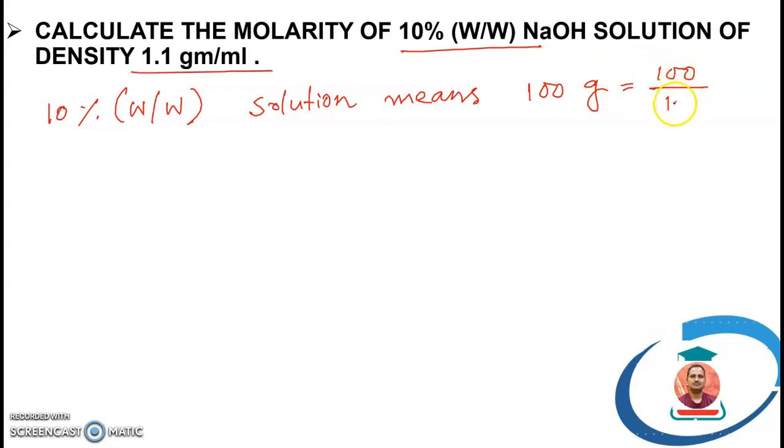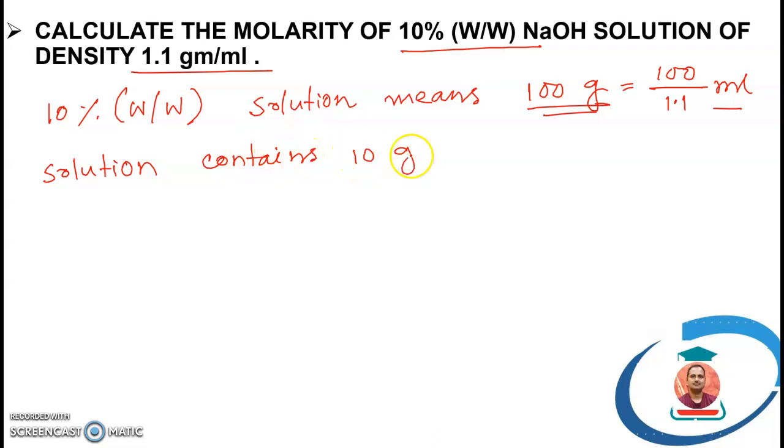The density is 1.1 g/ml, so I have converted this mass into volume. So 100 by 1.1 ml of solution contains 10 gram solute NaOH.